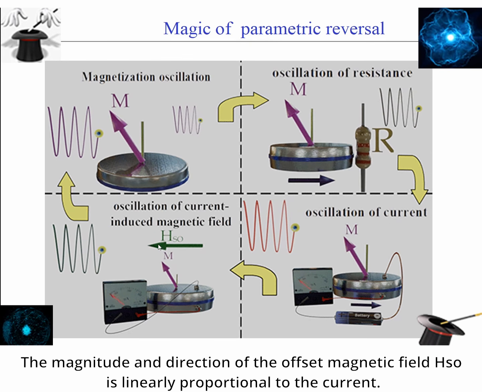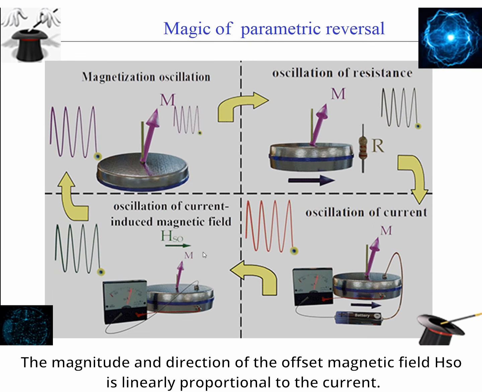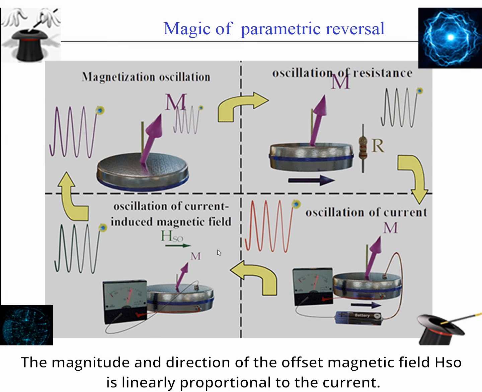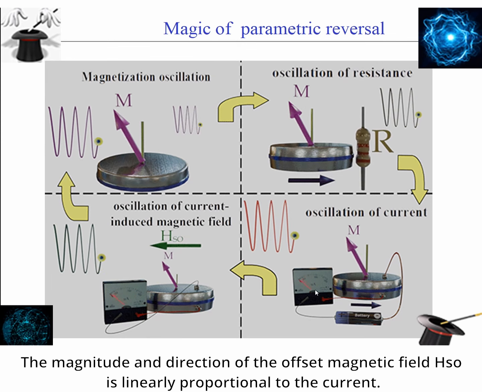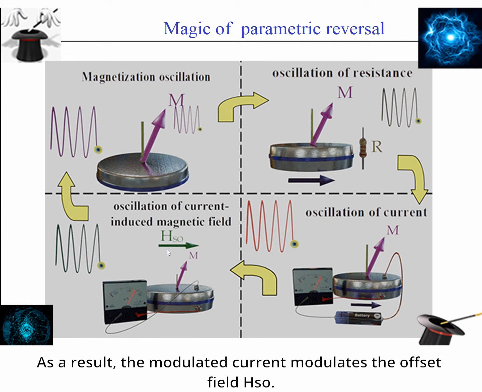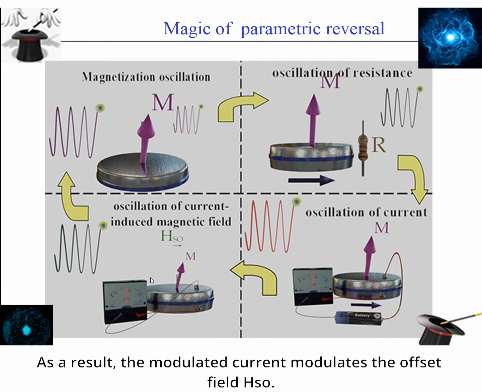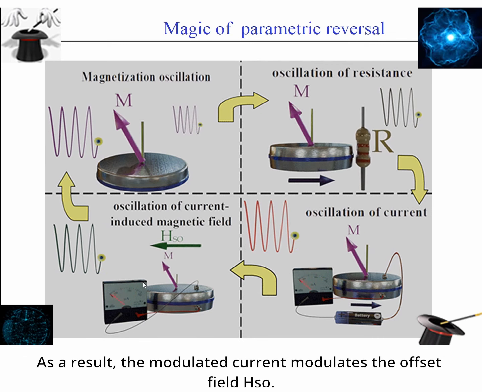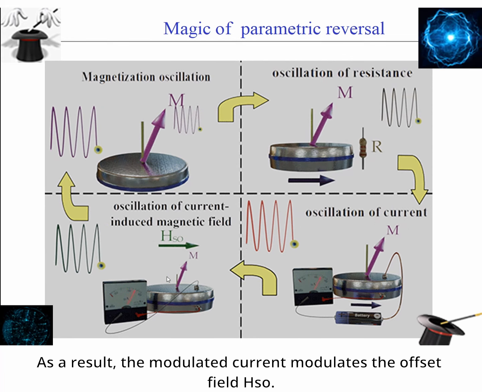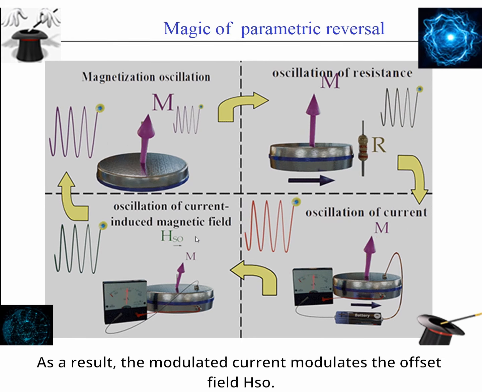The magnitude and direction of the offset magnetic field HCO is linearly proportional to the current. As a result, the modulated current modulates the offset magnetic field HCO.